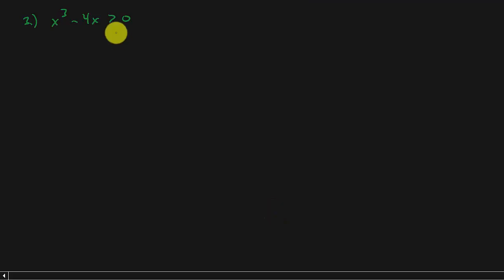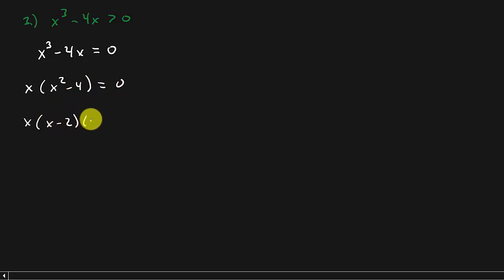All right, so you can see everything's already on one side of the equal sign, so we're good there. So now let's just take the x cubed minus 4x, set it equal to 0. And to solve this, we're going to need to factor out an x, which leaves x squared minus 4 equals 0. And so we get x times (x minus 2) times (x plus 2) equals 0.